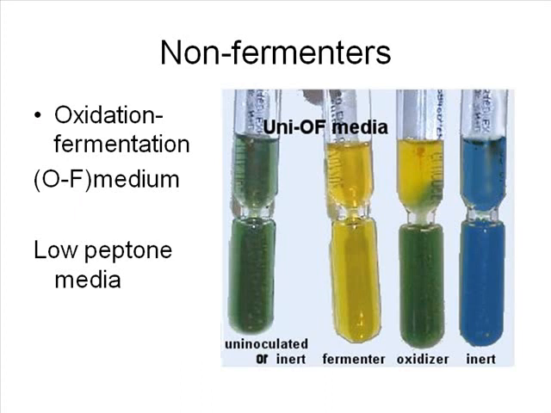All right, the non-fermenters are a group of organisms that do not use oxygen in the normal way that, say, our Enterobacteriaceae group does. So they don't ferment, but they oxidize. In this particular case, you want to use special media, and you inoculate this media by taking a stick and going right down into the bottom.